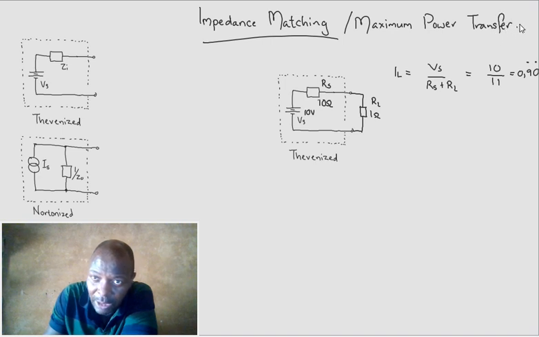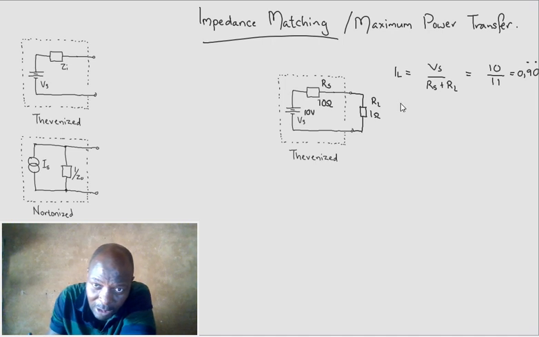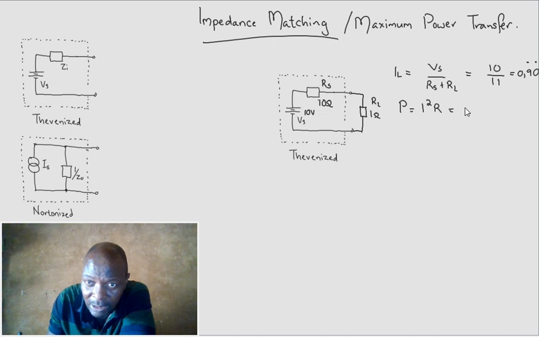Now, what is our formula for power? Power can be I squared R. We've got I, we've got R, so we are going to use I squared R. Our I is 0.9 repeating, squared, times an R of 1.